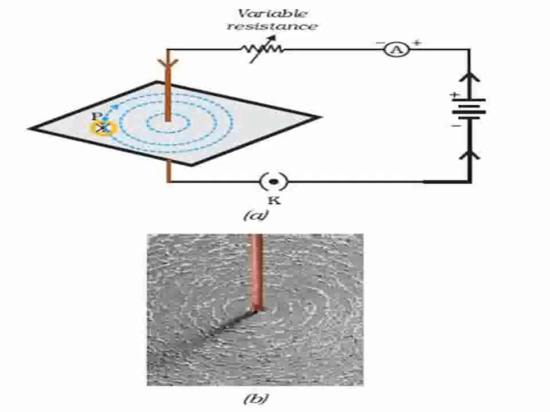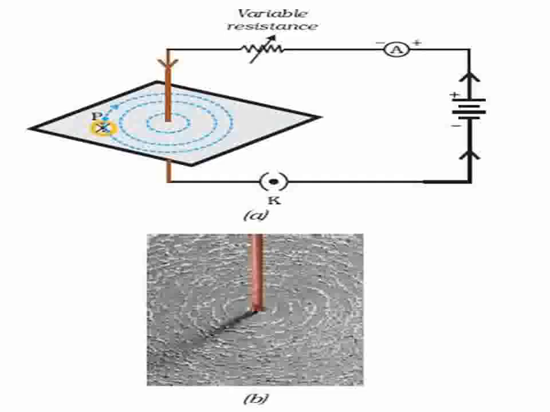There is an activity for drawing lines of magnetic field on paper. A cardboard is set as in the diagram, on which A4 size paper is placed, and a compass needle is placed around a current carrying conductor. On increasing resistance, the current decreases.